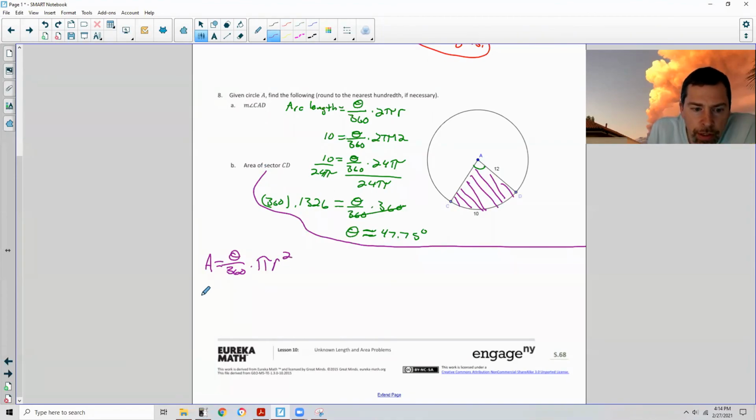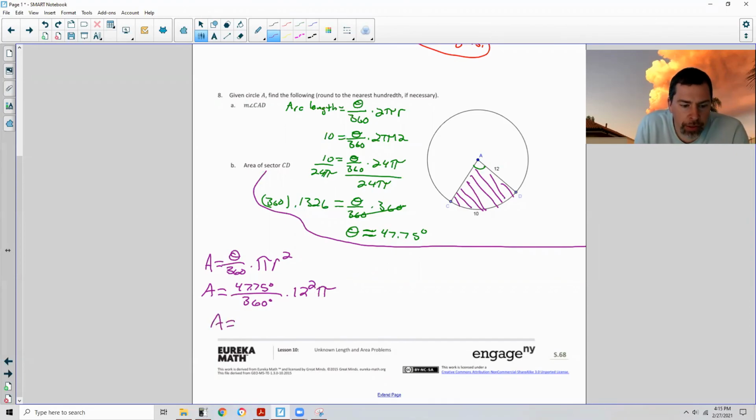Okay. So the area equals my angle measure, 47.75 degrees over 360 degrees times 12 squared pi. R squared, 12. So I'll just do this in my calculator.